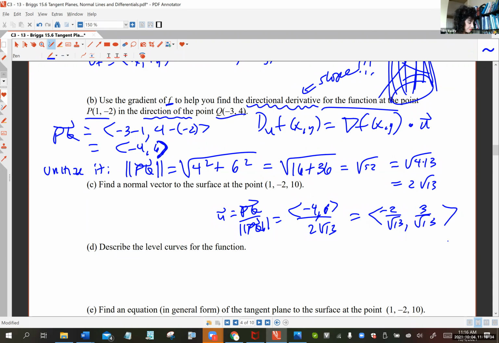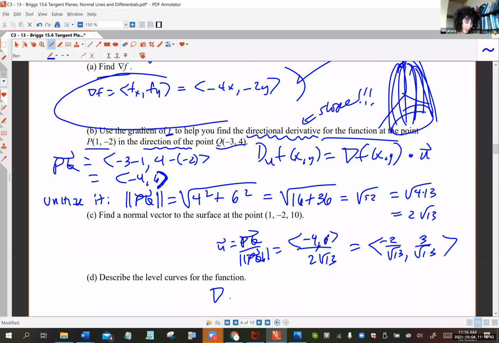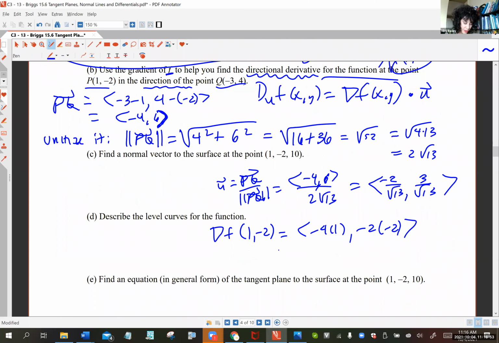Now, you're going to evaluate the gradient at, well, first, we already found the gradient. It's up here. But we're going to evaluate it at the point P, 1, -2. So substituting in those coordinates, I get my gradient has components -4 and +4.